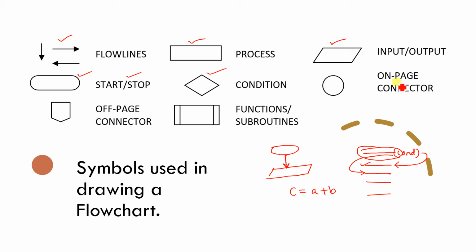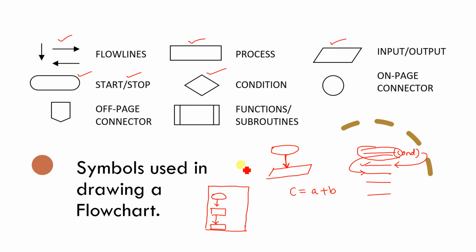Then comes the on-page connector and off-page connector. Remember that whenever we draw a flowchart, we generally draw it using pen and paper. Let's say you have started drawing a flowchart, and while drawing, the paper at some particular place is not sufficient to represent the entire flowchart.